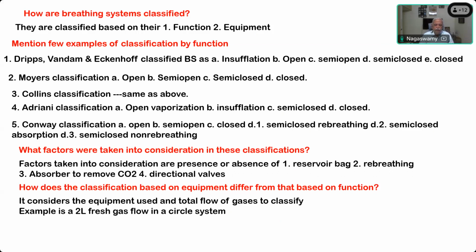Okay, so this is the basis for the second classification. 2 liters of fresh gas flow in a circle system. That means you are using 5 liters, 6 liters of fresh gas flow in a spontaneously breathing system, in a McGill system. That is the equipment classification. And this was proposed by one Dr. Hamilton.